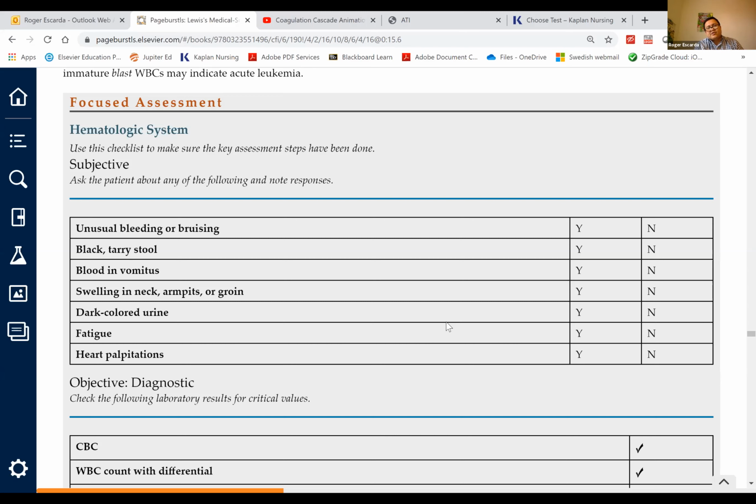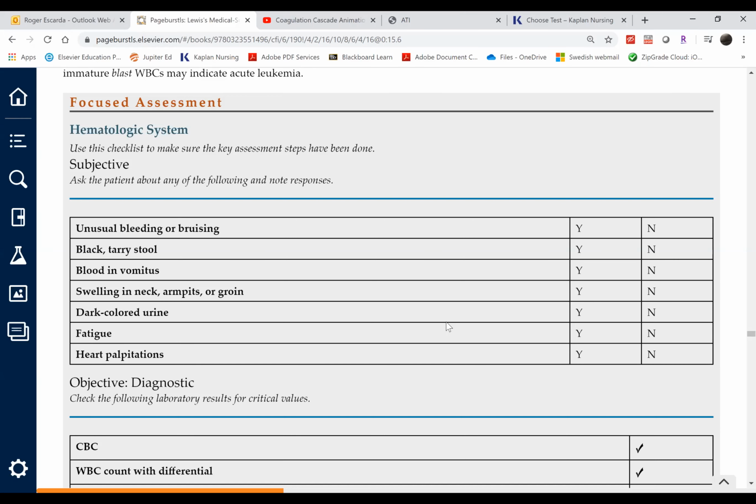For instance, if you're trying to see whether they have a decreased ability to produce red blood cells, what would be some of your questions? Would you ask about diet? Yes, because what are nutrients that you need in order to produce red blood cells?